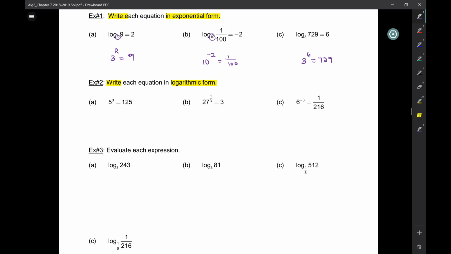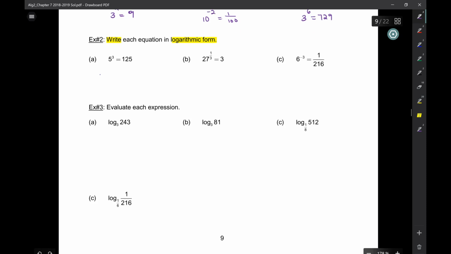Log 5, 125 equals 3. Precisely. So look, we need log of a base. What's our base here? 5. Log base 5 of 125, it must equal the exponent. The exponent has to be the answer to the logarithm.